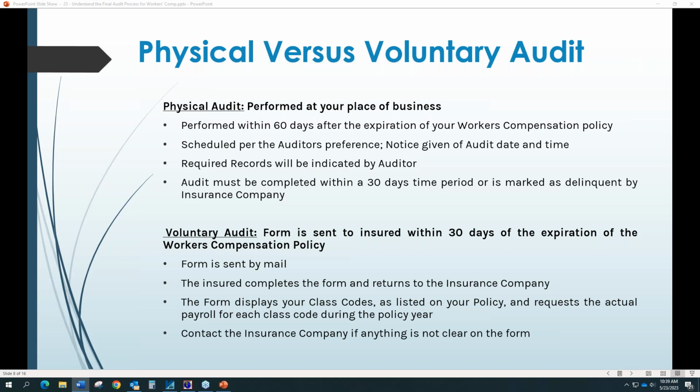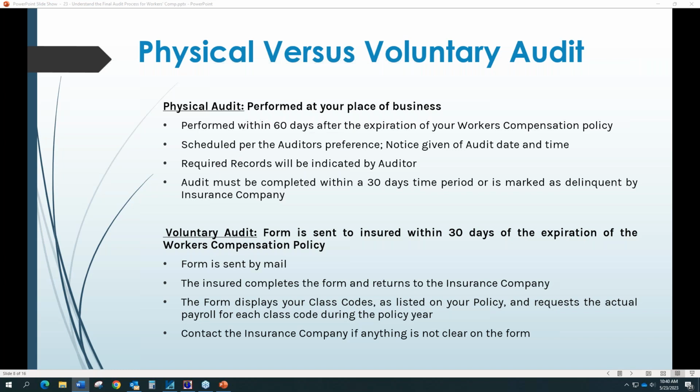This is where I start to see problems begin due to communication. Either the insured isn't aware of who the audit vendor is, so they aren't answering the phone, or the contact information on file with the carrier isn't correct, so the vendor isn't able to contact the insured.